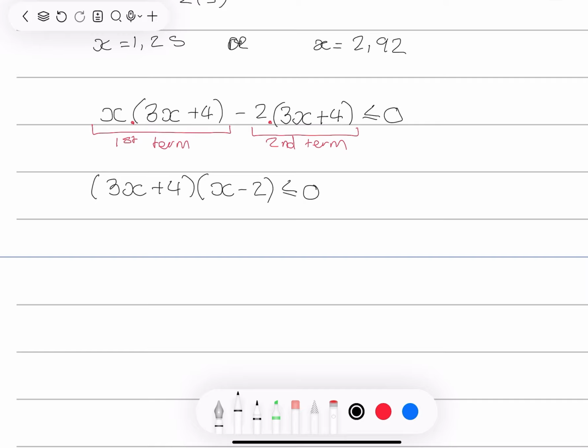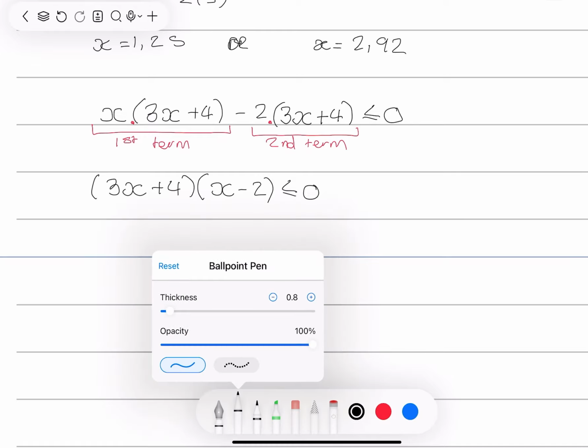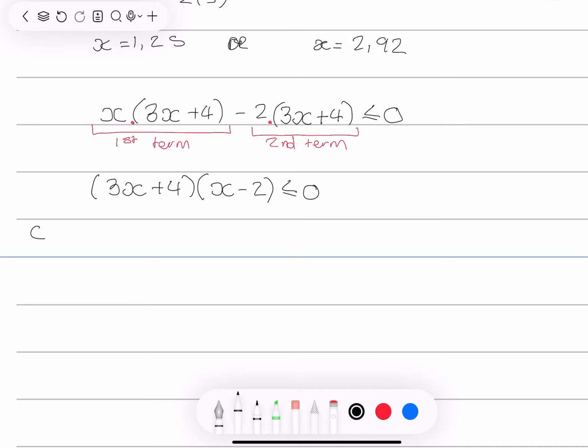When we do inequalities, we must remember we have something called critical values. So that's what we're about to do now. Now we jump in and we just say critical values. So our critical values, it looks like we're solving for x. Now it just becomes 3x plus 4 equals 0, or x minus 2 equals 0, which is basically, obviously, maths lingo.